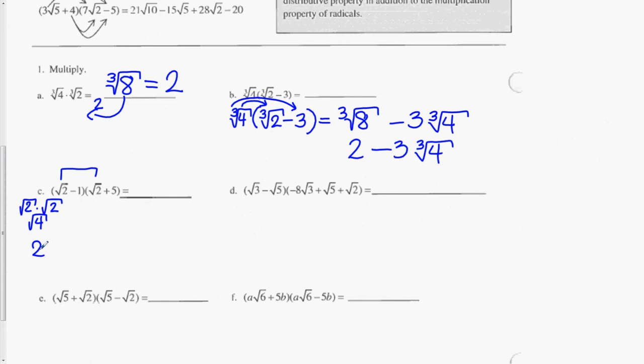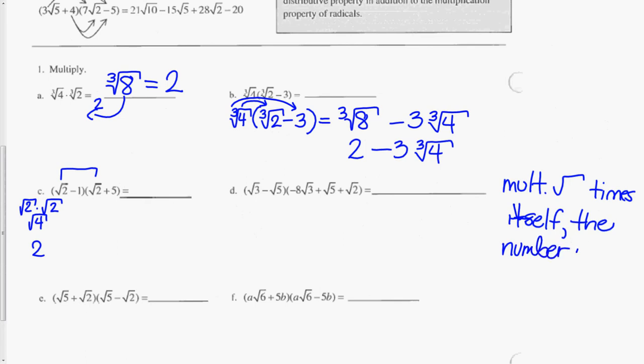And on a side note, if you multiply a square root times itself, the number underneath comes out. And you can see that that's true when I took square root of 2 times square root of 2. Ultimately, I ended up with 2 for an answer because it ended up being square root of 4, which is 2. So you can kind of take that shortcut if you recognize that.